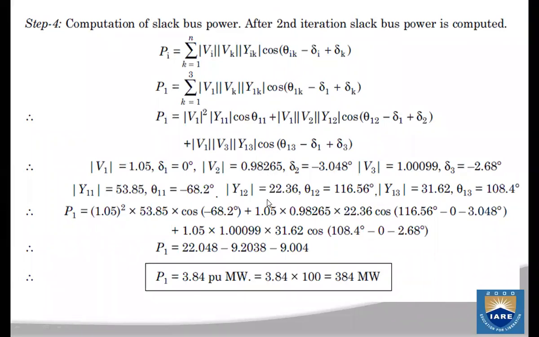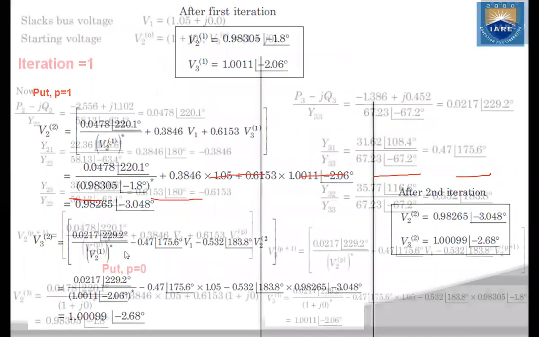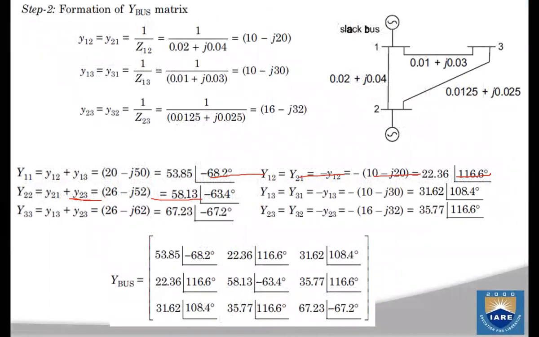See here, the magnitude of V2 and angle, magnitude of V3 and angle. Right. So what is the magnitude of Y1? From the Y bus matrix, you will get the magnitude of Y1 and at the same time the angle also. If you go back to the Y bus step, see here, y11 is 53.85 at an angle of minus 63.2 degrees.